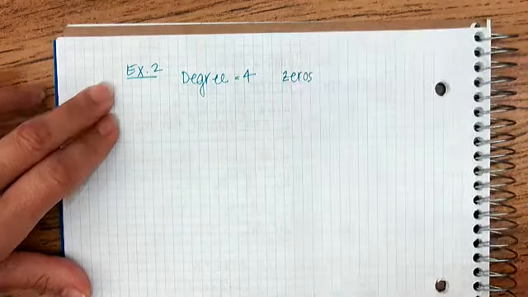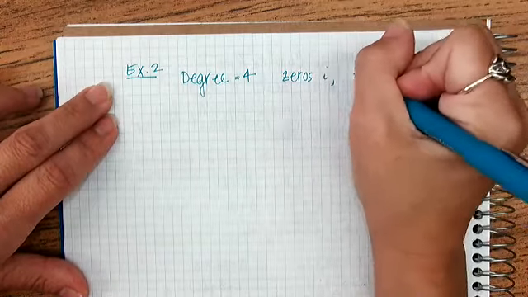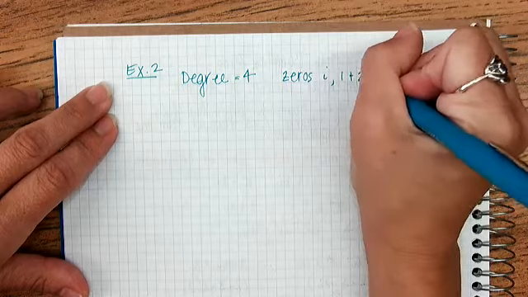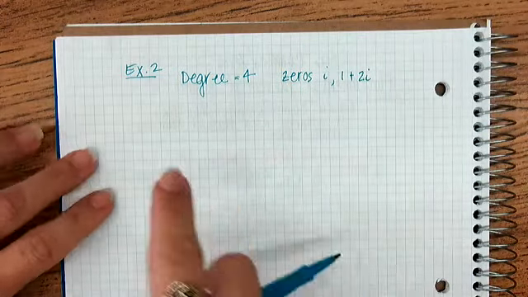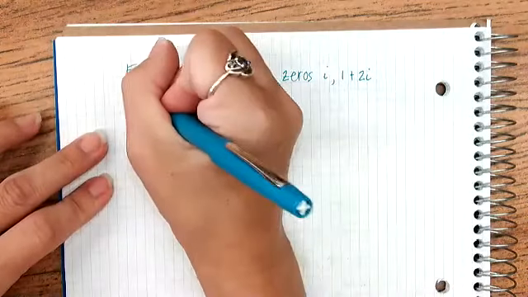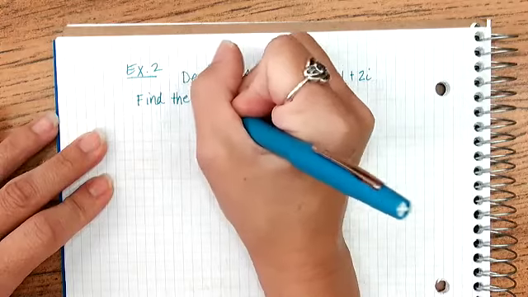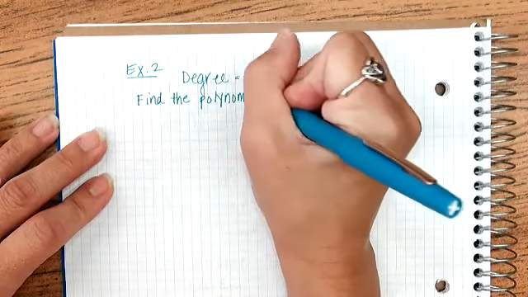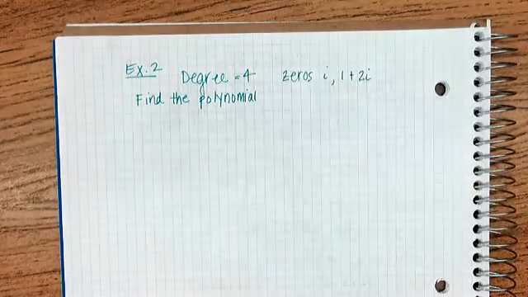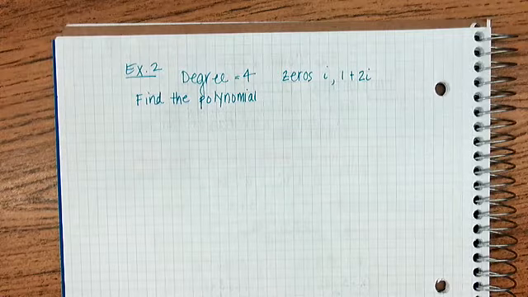I am giving you zeros at i and 1 plus 2i. I want you to find the polynomial of 4th degree with zeros at i and 1 plus 2i.